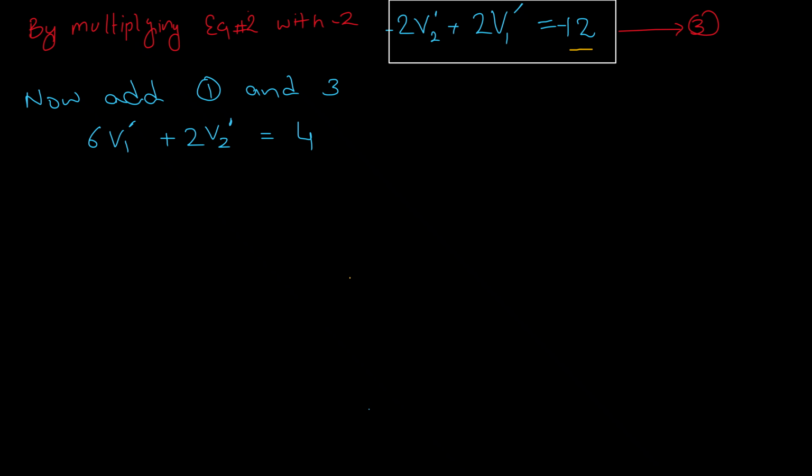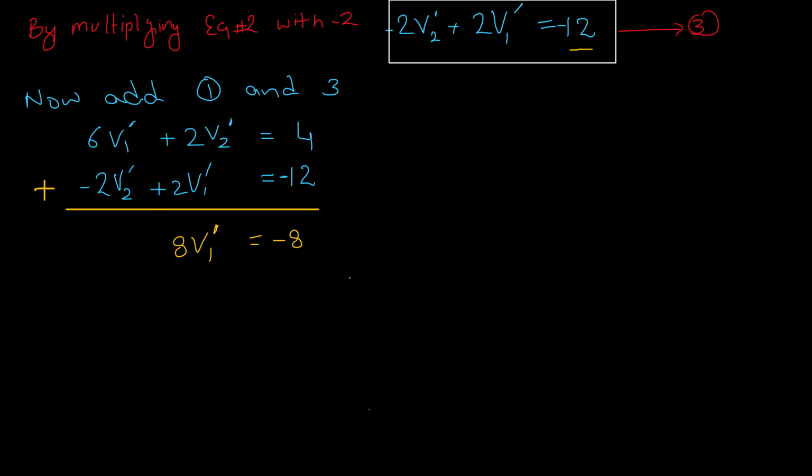I rewrite equation 1: 6v1 prime plus 2v2 prime equals 4, and this is our equation 3, and by adding these two equations we can get this one. What happened here is that these v2 prime and these minus v2 prime are the same, hence they will cancel out, and these two terms will add up, and by adding these two you will get 8v1 prime equals minus 8.